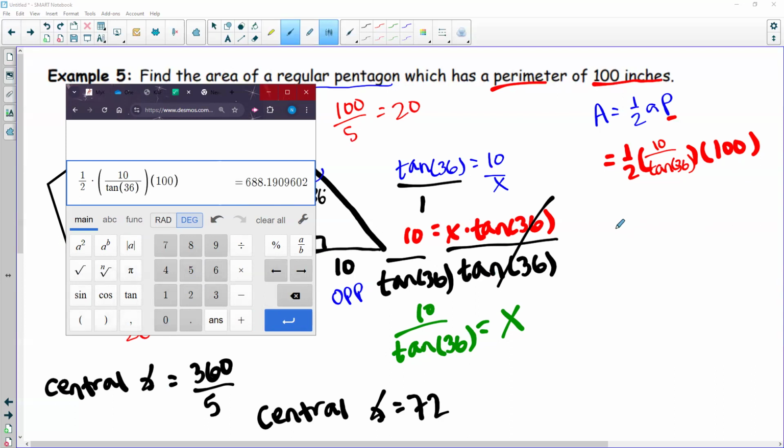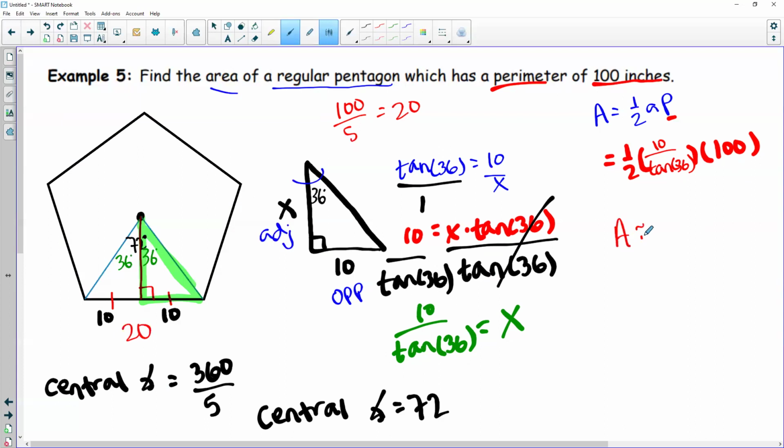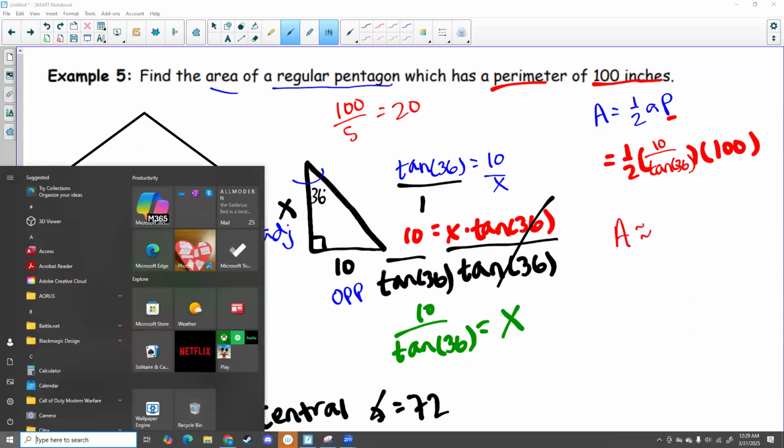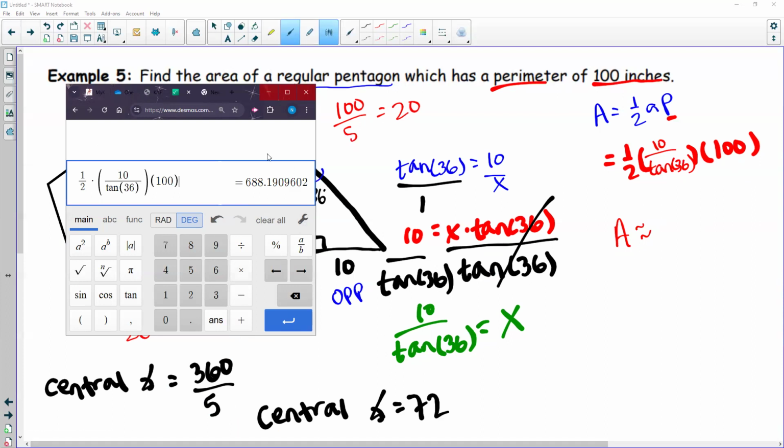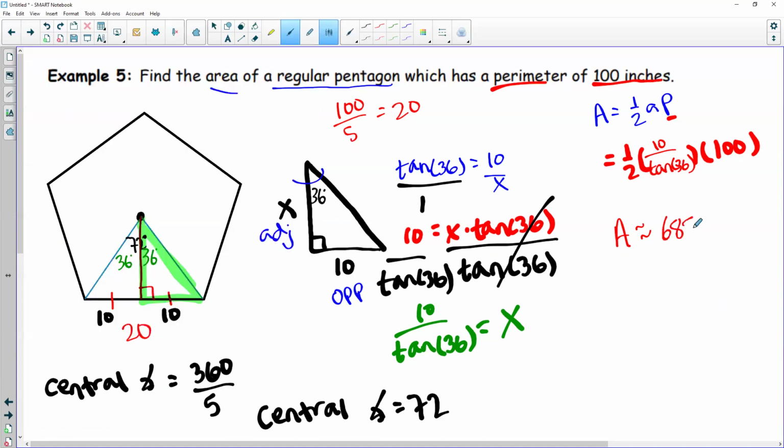We end up with an area that is approximately, and we're just going to round to the nearest tenths again. I think that's what the instructions were earlier. 688.19 would round up to 688.2. So approximately 688.2, and our units here is inches, so inches squared. So that would be our area.